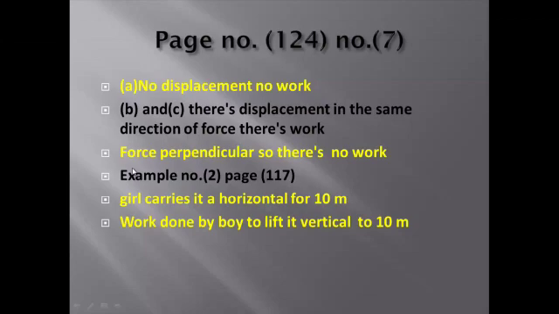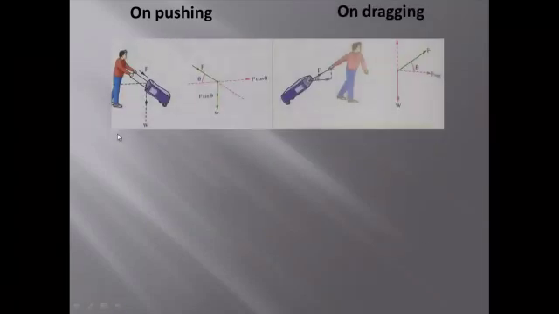The girl carries it horizontally, but the boy lifts it vertically. Take care from this. If you carry anything and move horizontal, no work. But if you carry a thing and move vertical, there is work. Do you understand? Now, we will compare between two cases: number one pushing, number two dragging.